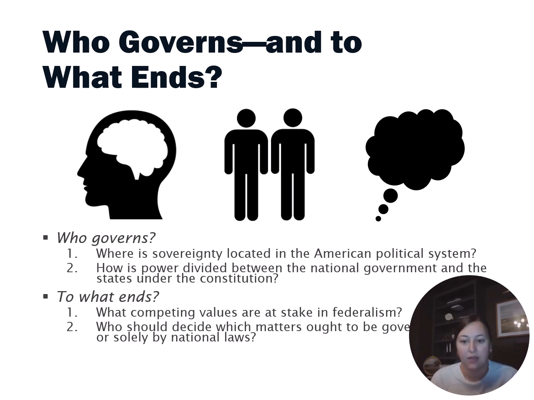Which competing values are at stake? And there's a few, right? We talk about human nature and liberty versus the need for security in society and things like that. Those aren't really the ones at stake in federalism. In federalism, it's largely centered around the relationship, around power.